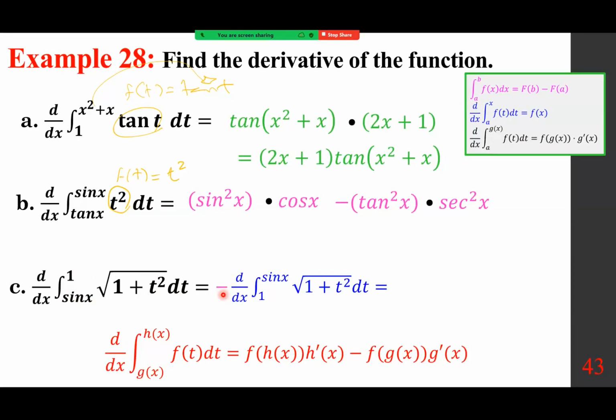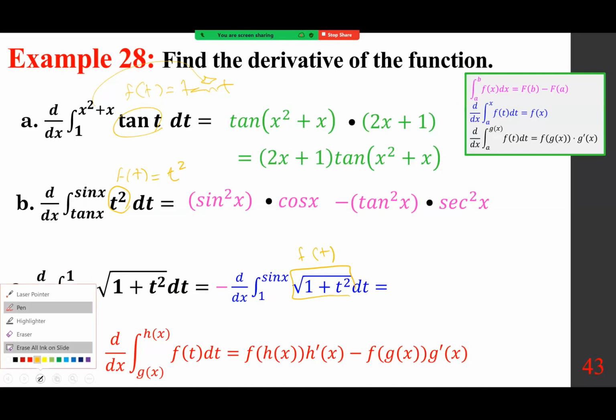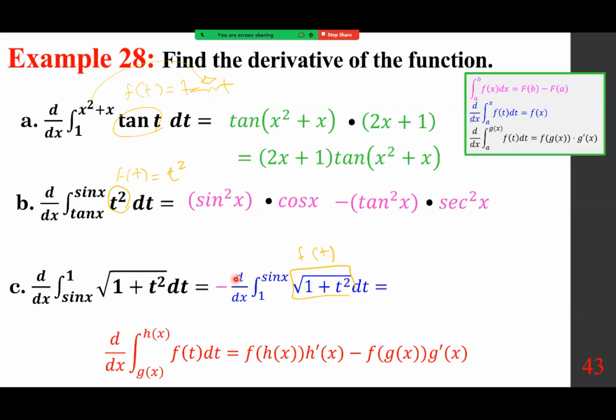Now, again, your f of t is this. f of t is the square root of 1 plus t squared. So if I replace the t with sine x, and don't forget then, I have the negative sign, square root of 1 plus sine squared x, and then I need to multiply by the derivative of sine, which is cosine x.